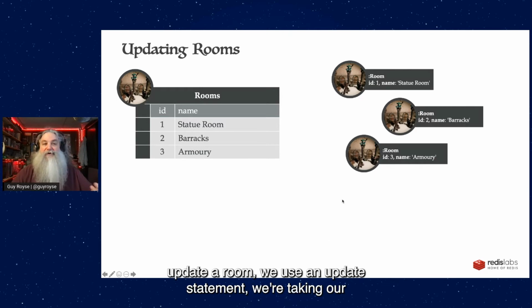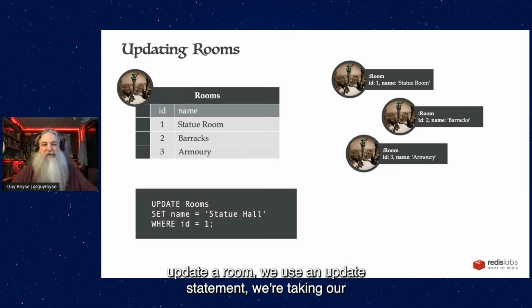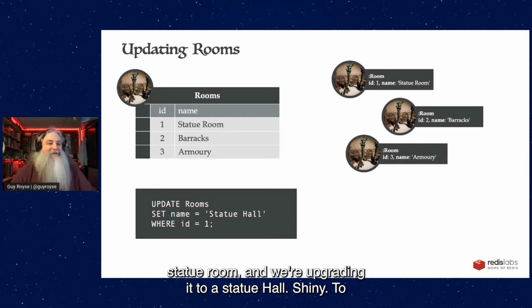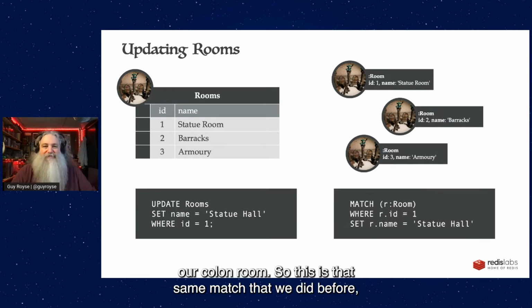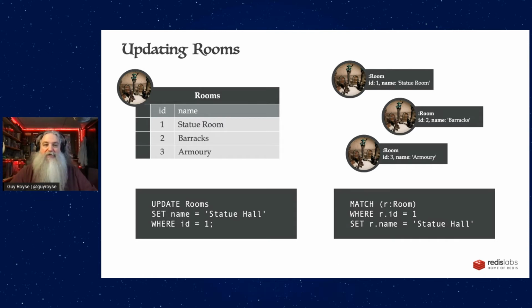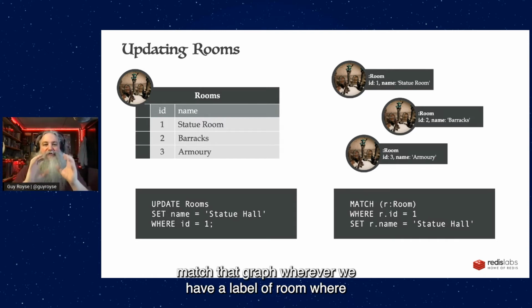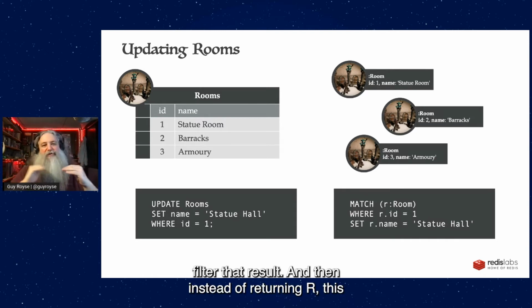So when we update a room, we use an update statement. We're taking our statue room and we're upgrading it to a statue hall. Shiny. To do that with Cypher, we're going to say match r::room. So this is that same match that we did before. Match that graph wherever we have a label of room, where filter that result.